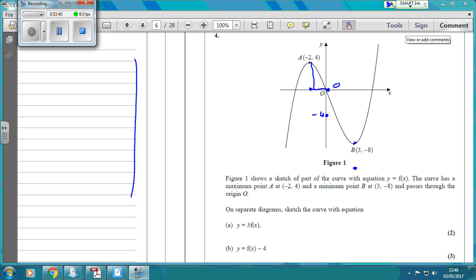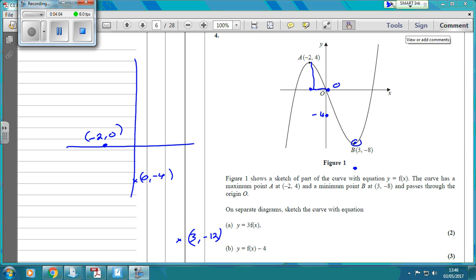If we sketch that out, A goes down to there, which is minus 2, 0. The origin goes down to there, which is 0, minus 4. And B goes down to 3 across, minus 8, so minus 12. So 3, minus 12.